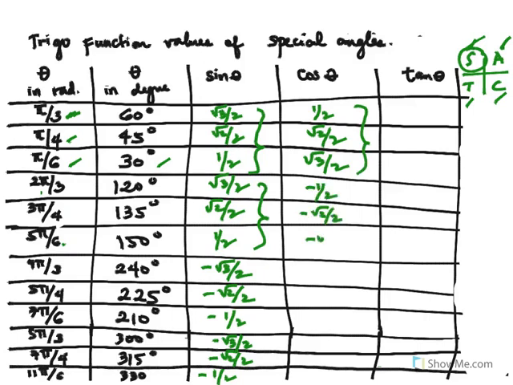Negative, negative, negative. In the third quadrant, the same. Cosine is also negative there. So, same numerical value, but negative. So, negative 1/2, negative square root of 2 over 2, negative square root of 3 over 2. In the fourth quadrant, because cosine is positive in the fourth quadrant, you have positive values. 1/2, square root of 2 over 2, and then square root of 3 over 2.